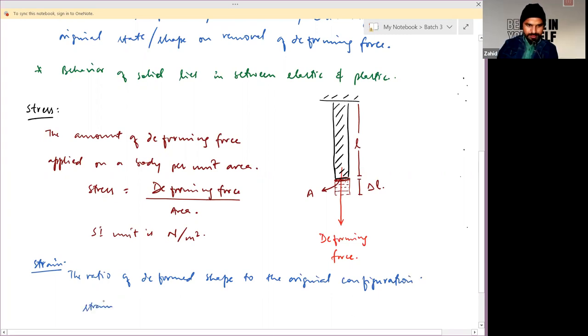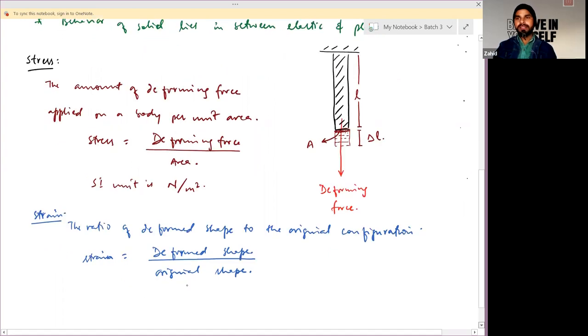So strain equals deformed shape of body divided by its original shape. In this solid, deformation is delta L and original length of the body is L. So it will be delta L divided by L. As in numerator and denominator, we have the same quantity having the same unit, it will be a unitless or dimensionless quantity.